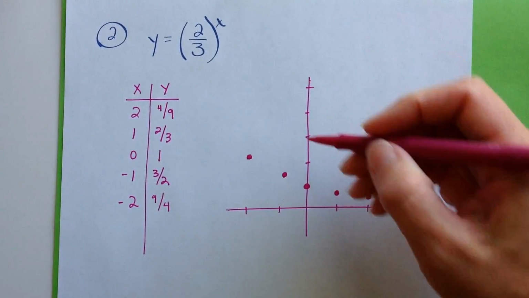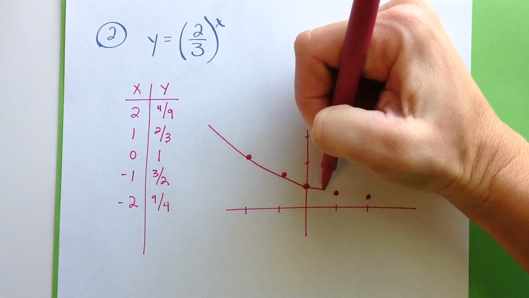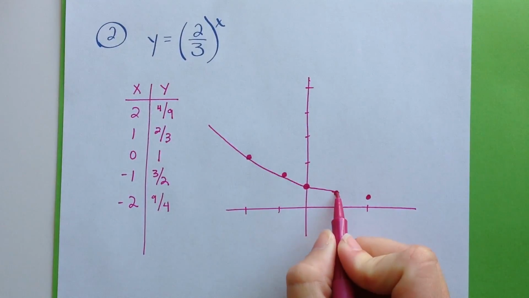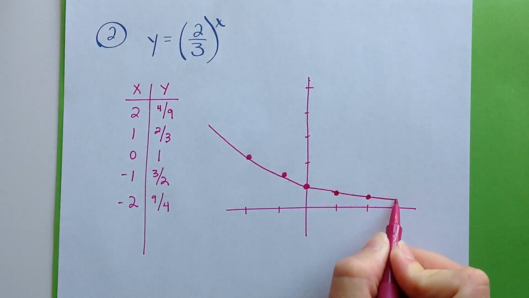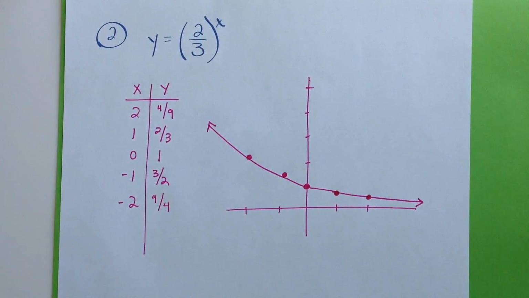Okay, so now connecting this up. Keep in mind, as it comes down, it gradually gets closer and closer to your x-axis, but it's not going to, like I said, touch it or for sure even go across it. This one's not quite as steep as the one that I drew a while ago. That's just going to vary depending on what your base is.